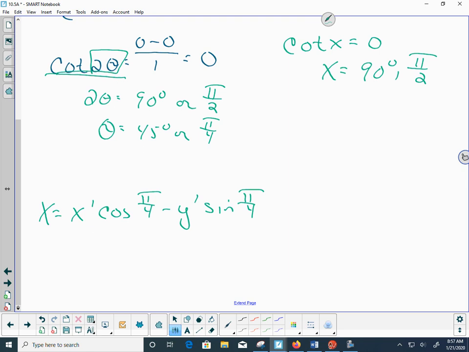So what is the cosine of pi over 4? Square root of 3 over 2. It's right up there, people. Oh no, square root of 2 over 2. And what is the sine of pi over 4? Square root of 2 over 2.